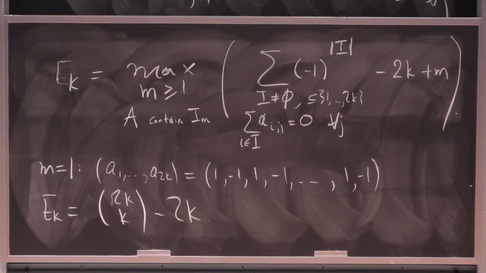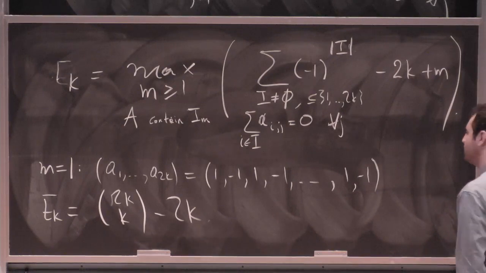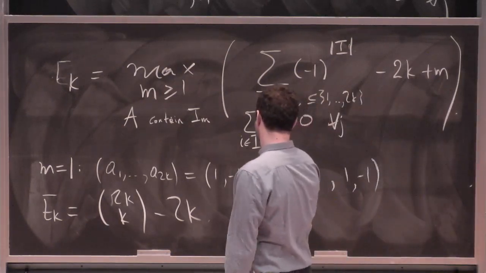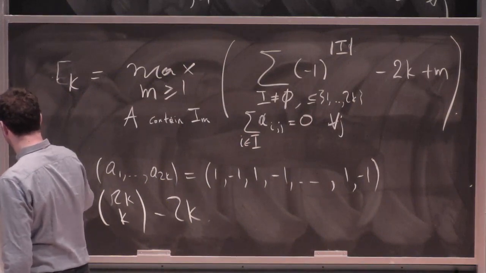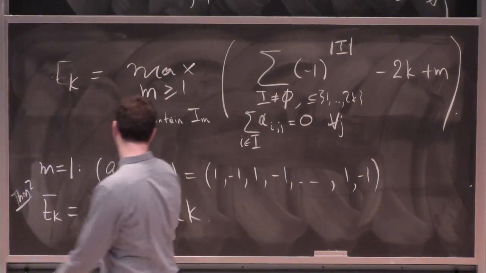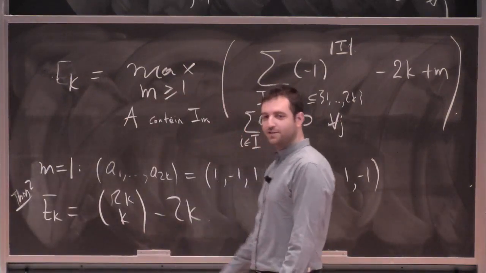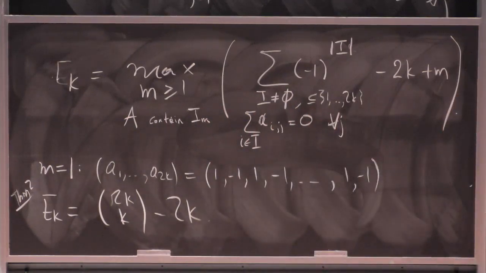This is a theorem, so maybe I should call this Theorem 2. And you can check that when k is 1, this is 0, and when k is 2, this is 2. By induction, it works.